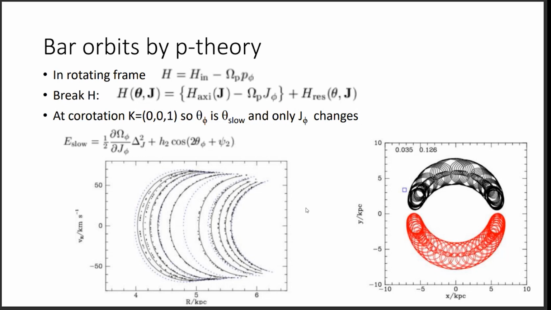Over here, you see the orbit. These are non-closed orbits. Previously, I was talking about closed orbits. I'm now talking about orbits which have finite radial action. Here we see in real space, XY space, looking down on the galaxy, an orbit on the top trapped at co-rotation.